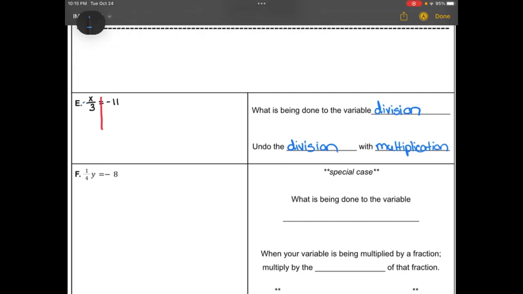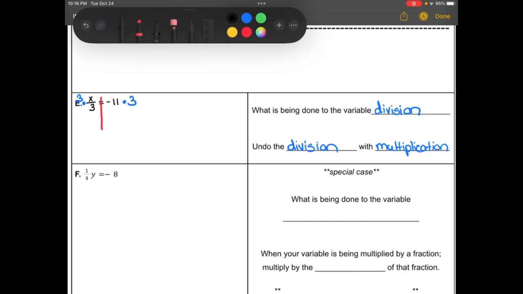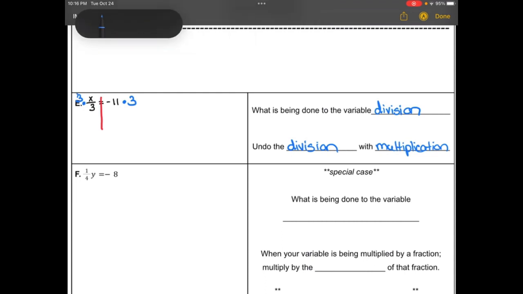So I have to multiply by 3. If I multiply by 3 on the left side, I have to multiply by 3 on the right side. So that leaves me with x equals negative 11 times 3, which is negative 33.